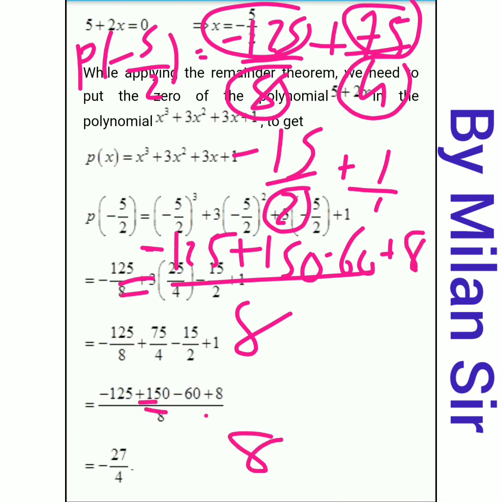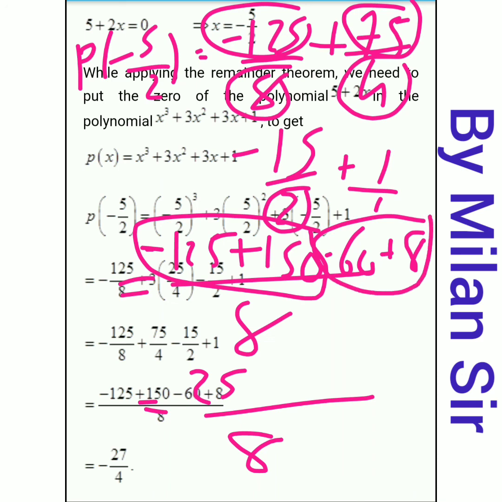Again denominator 8. Now 150 minus 125. Plus minus minus, 150 minus 125 is 25, big number sign positive. And here plus minus minus, 60 minus 8 is 52, big number is 60 and sign is minus.